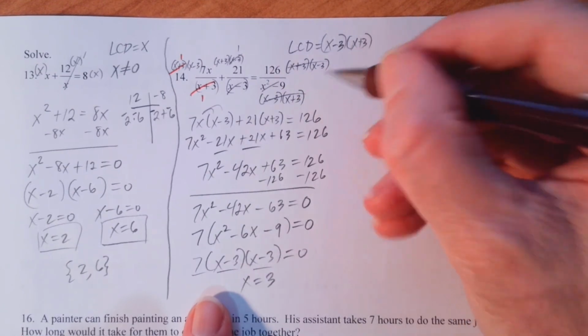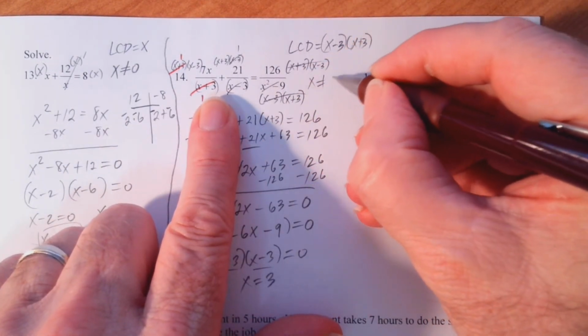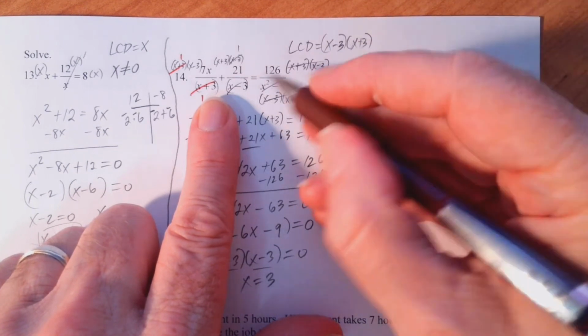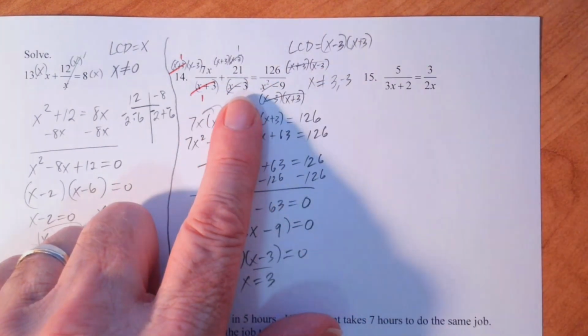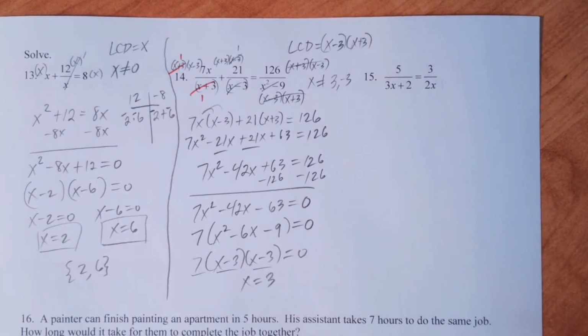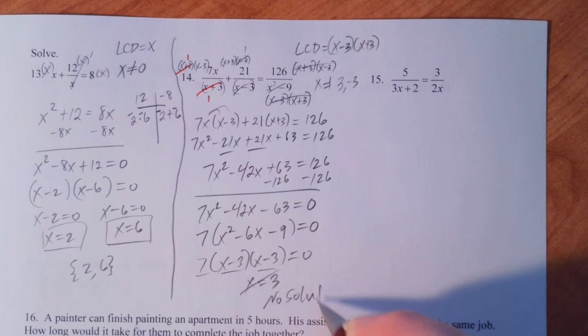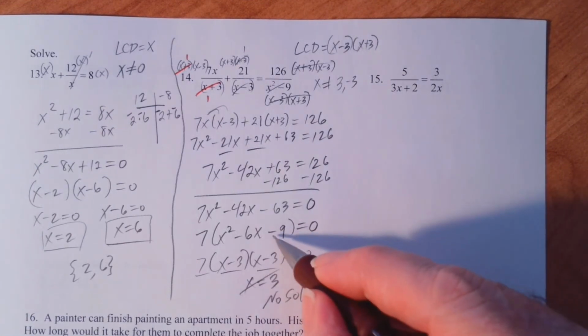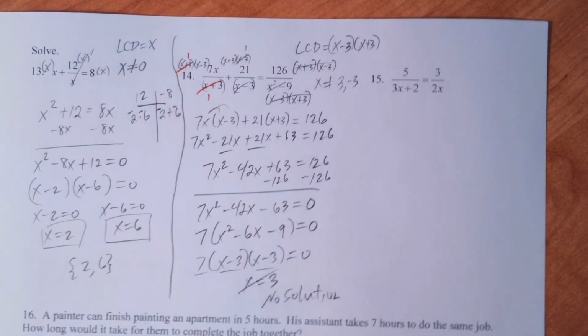And we would throw that out because notice our restricted values are 3 and negative 3 here. X can't be negative 3 here or 3 here. All right, so we end up with no solution here, but that's assuming that this was a plus 9. So again, there's something not right with this problem. I'm sorry I didn't see that sooner.